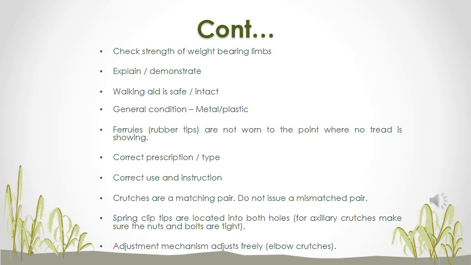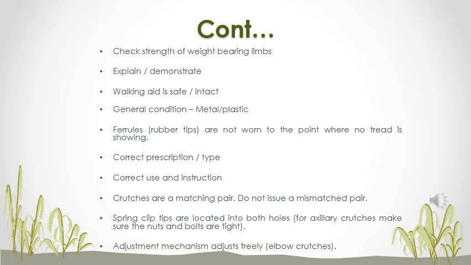There you can often pick up if it's not the same matching pair of crutches, if one is slightly longer than the other. Because you don't want to issue a mismatched pair. This often happens when they've brought their one crutch from home and they only have that one, and you order another one. In that case, you will make the best of the situation, of course.